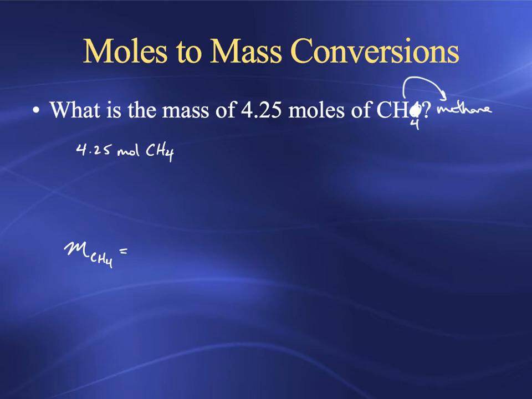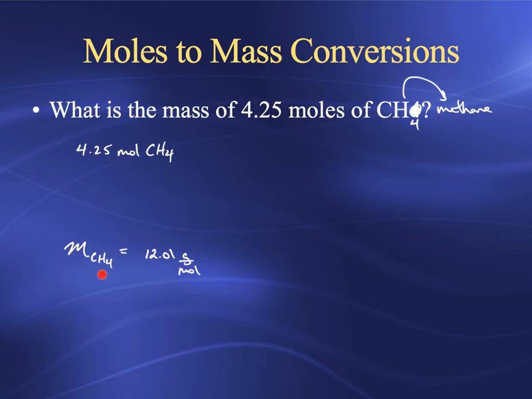What happens when you have a compound? Well, in this instance, you need to add up the molar mass of every single atom involved in that compound. That will be the molar mass of the whole thing. So carbon, element 6, has a molar mass of 12.01 grams per mole.